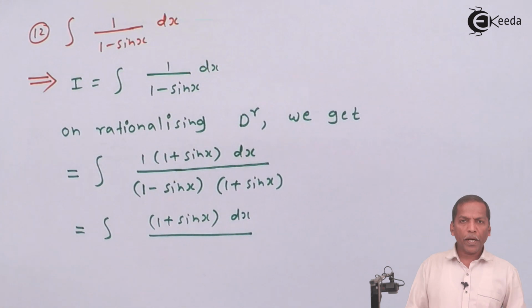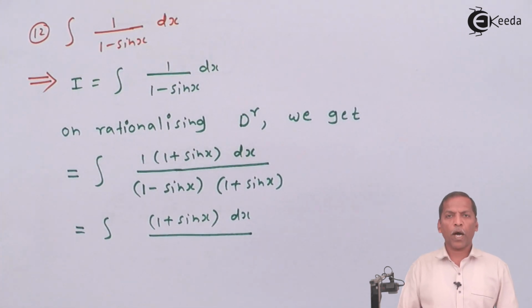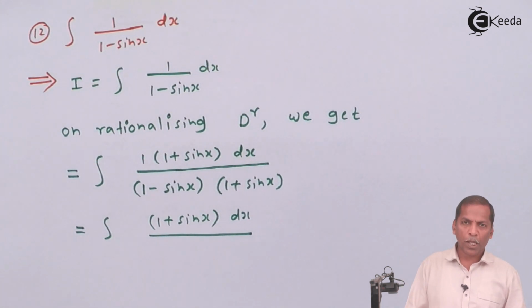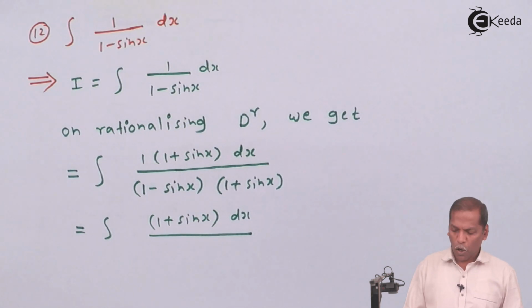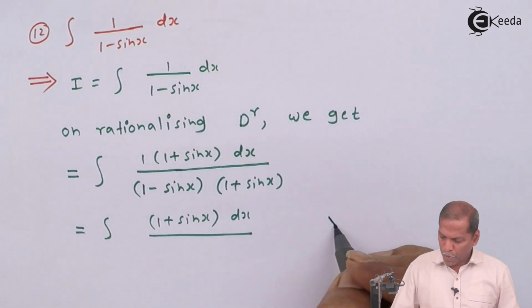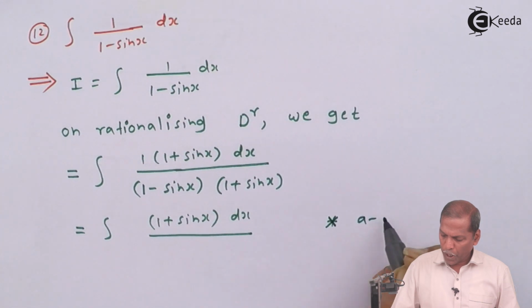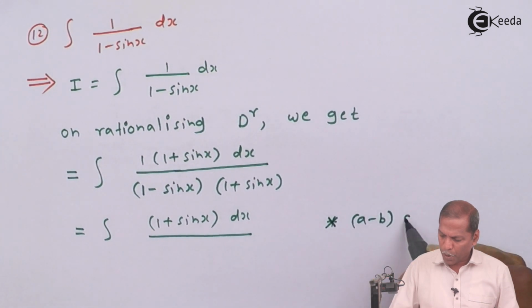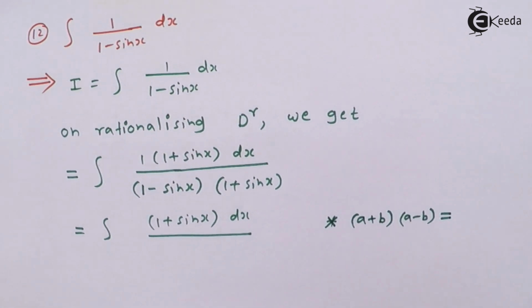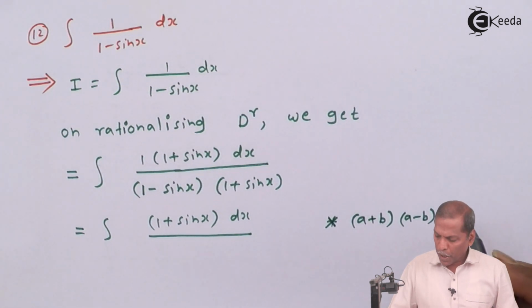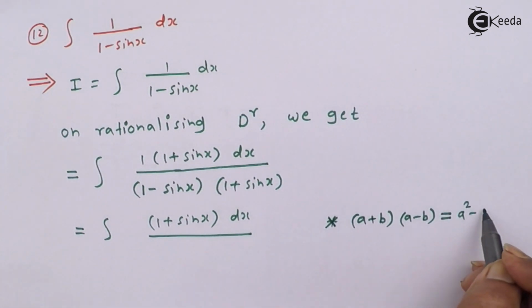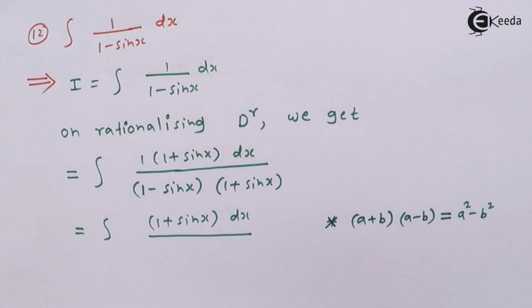Now in the denominator it is of the type 1 minus sin x and 1 plus sin x. So that is of the type a plus b into a minus b, which gives us a square minus b square.